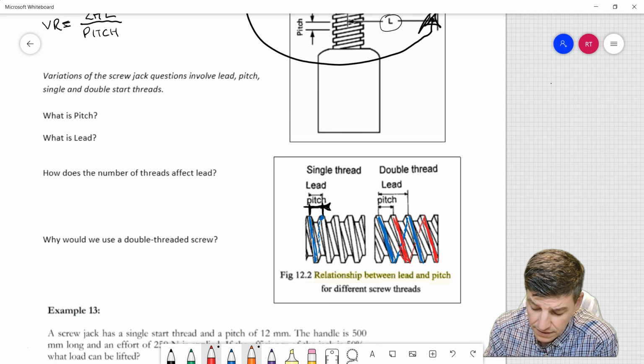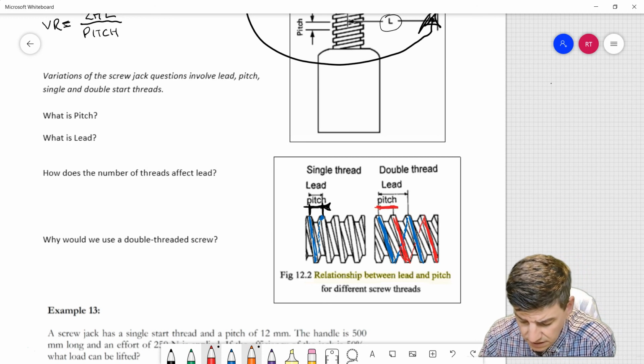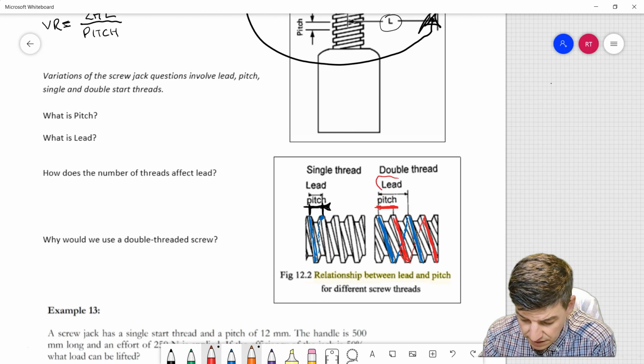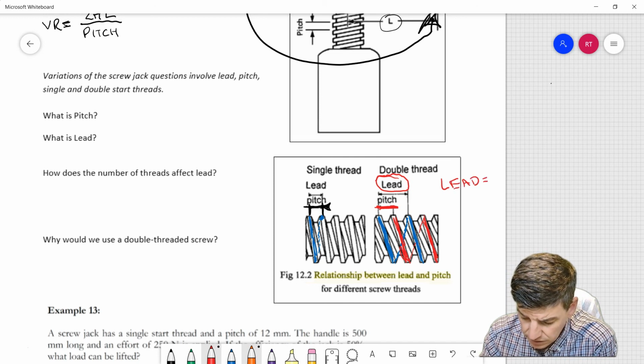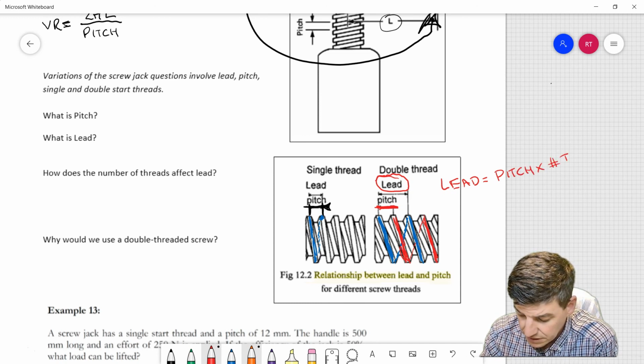The difference in terms of VR is that now I'm not using just pitch, because pitch is defined as the distance between the top of two adjacent threads. In this case, what I have is a term which is lead. My lead is equal to the pitch times the number of threads that I have on the object.